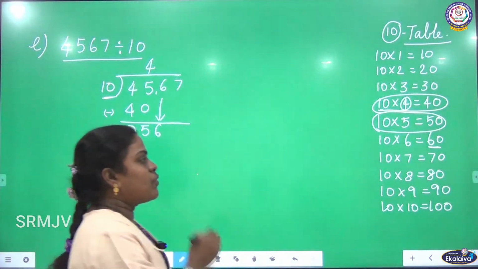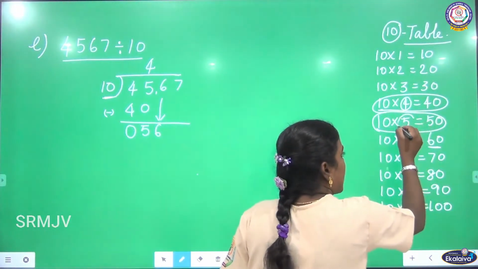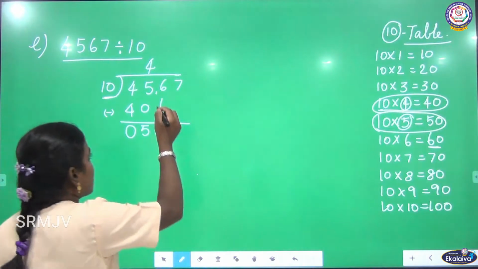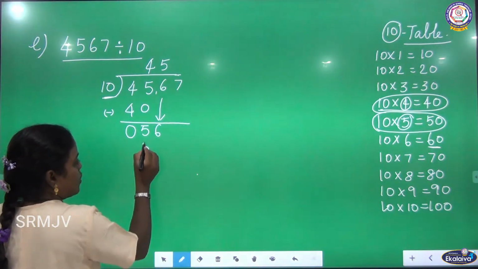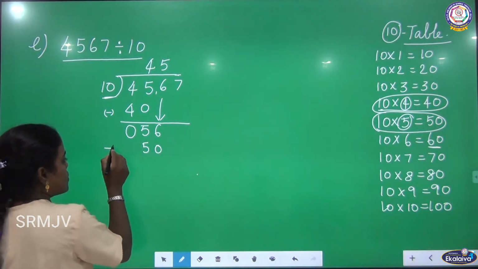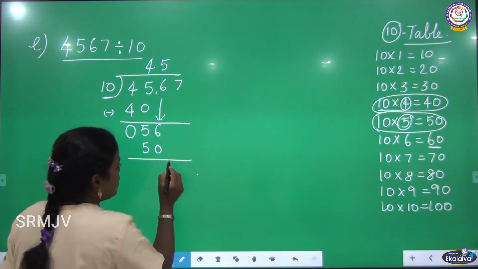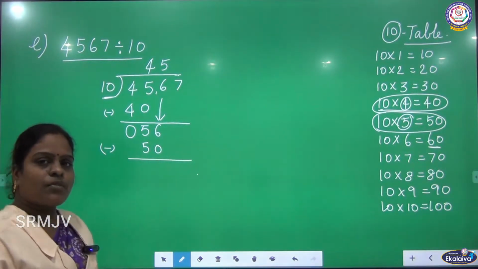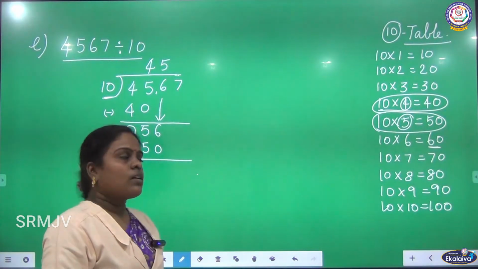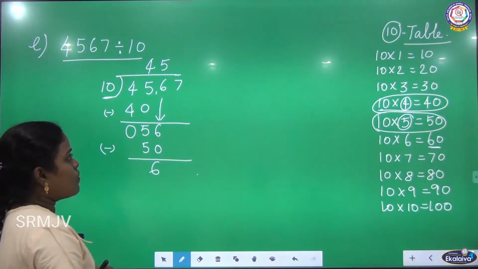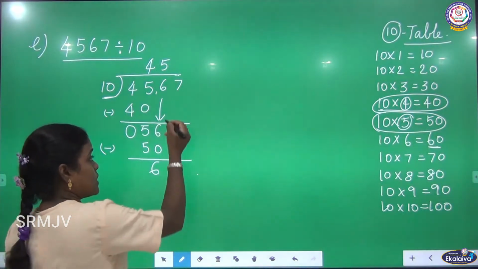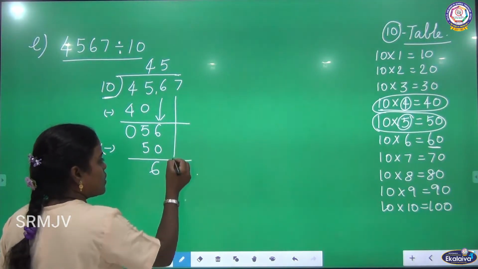Write 5 in the quotient, 50 below the number. Now subtract these two numbers, 56 minus 50. Yes, the answer is 6. Now we are going to bring down the next digit, 7.